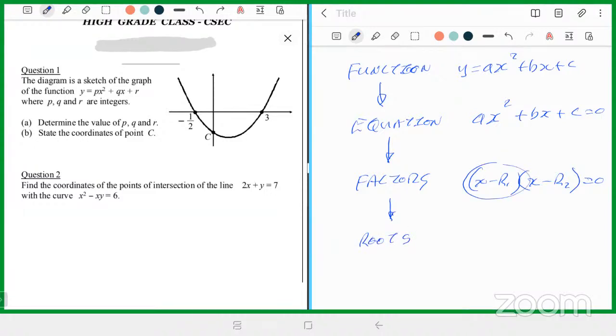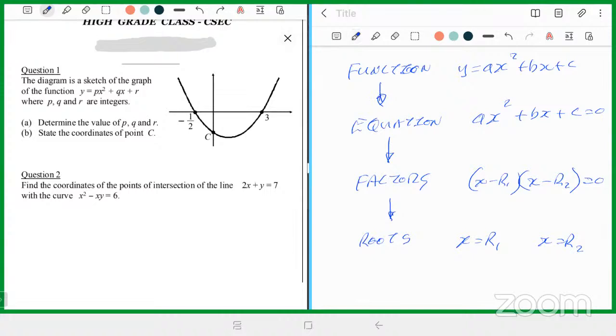If the product of the factors equals 0, then if this factor equals 0, the root from that factor would be r1, and the root from the second factor in a similar way would be r2. Those are the two roots. So this is our normal process from the function down to the roots.